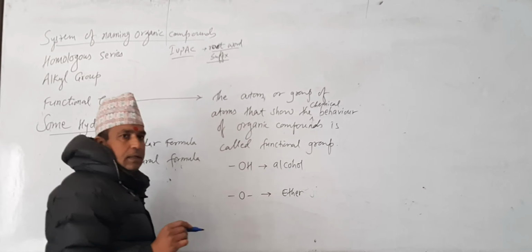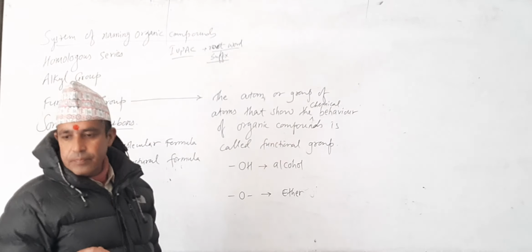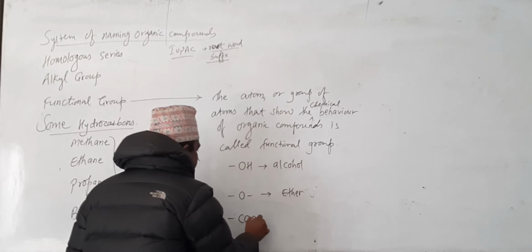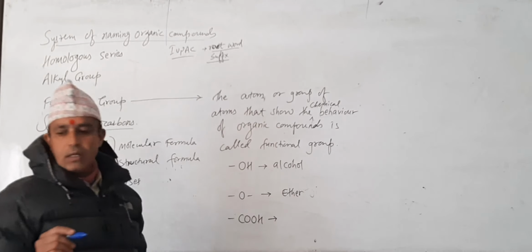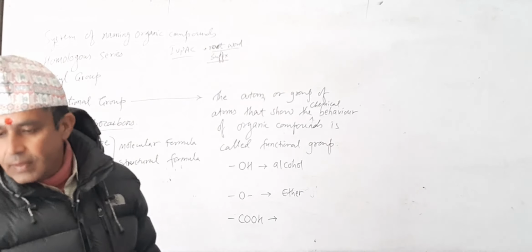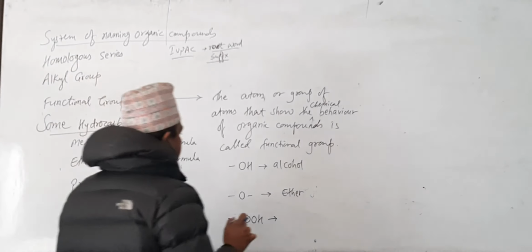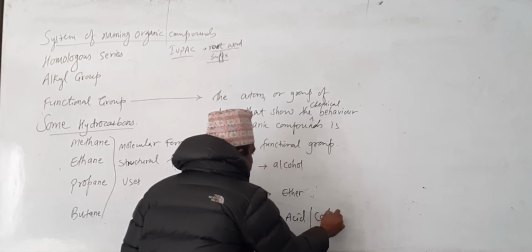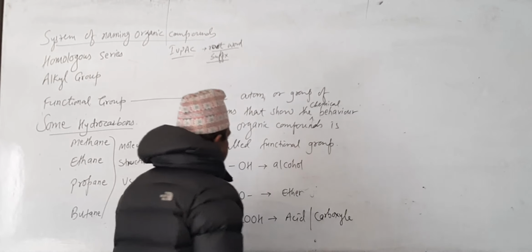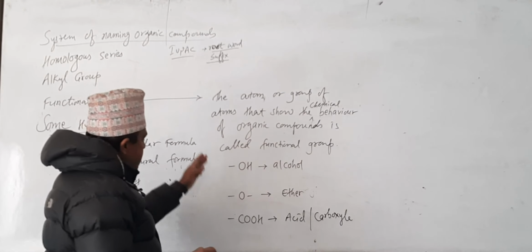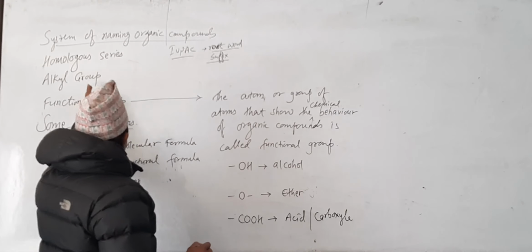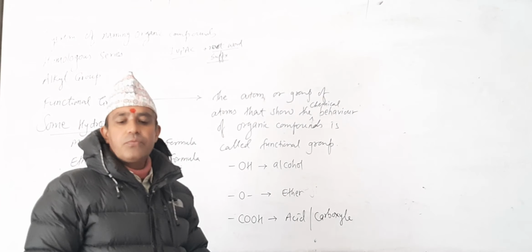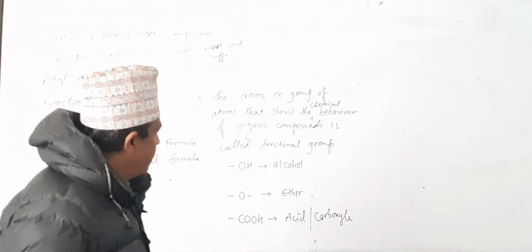Next one, you can write here COOH. This is the carboxyl group, acid. Actually, these functional groups are added to alkyl group to produce derivatives of hydrocarbon.